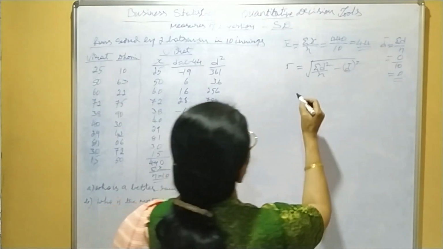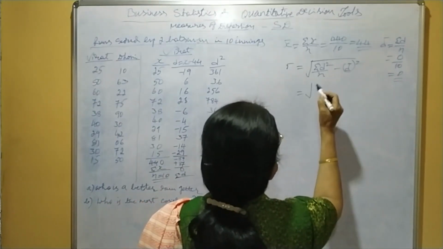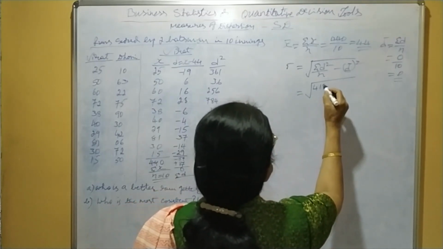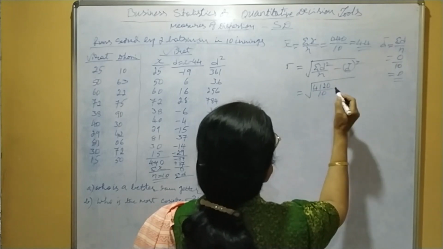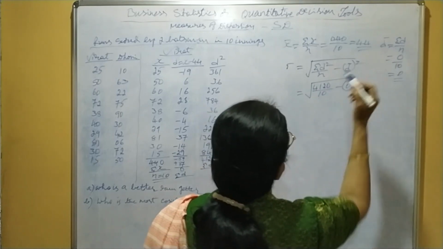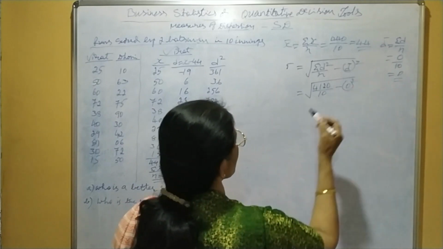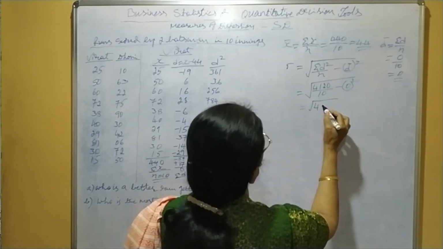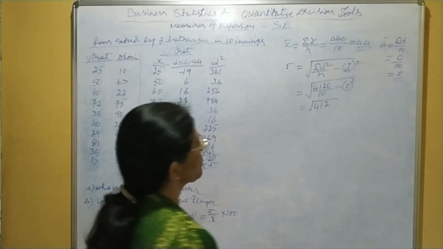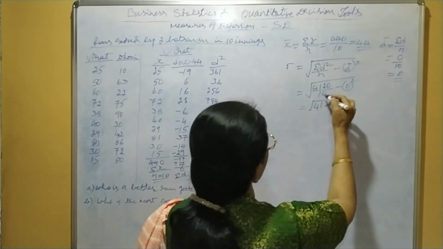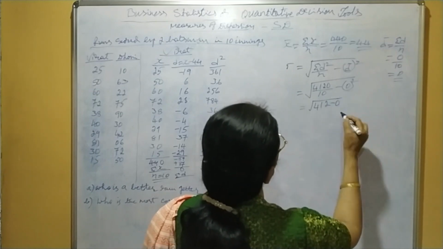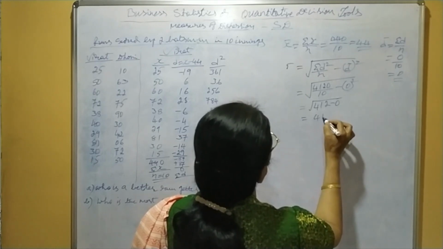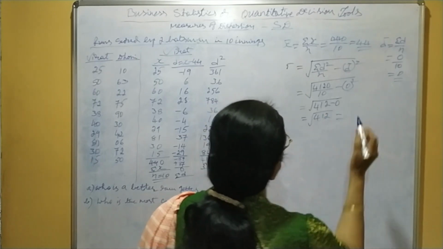Okay. Now find out standard deviation. Square root of sigma d square, 4120 divided by n is 10, minus d bar whole square. D bar is 0, whole square, 0. Square root of 4120 divided by 10 means 412 minus 0 equals 412, and square root of 412.